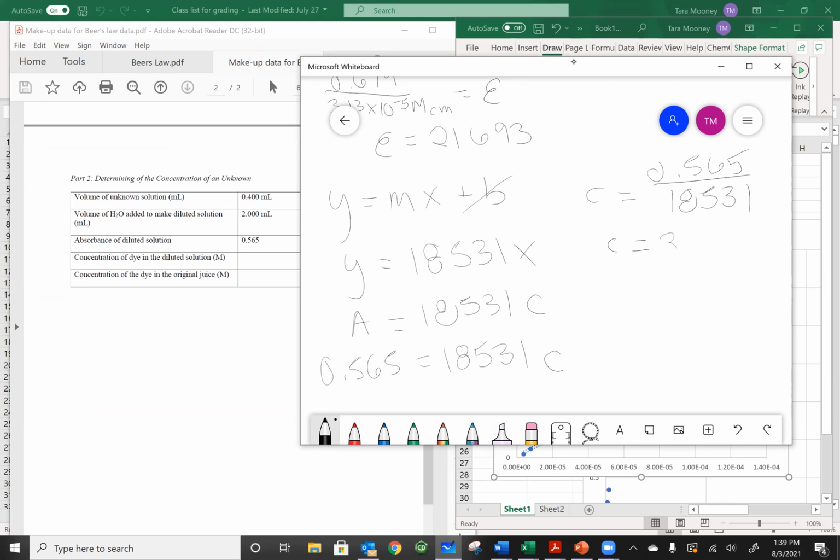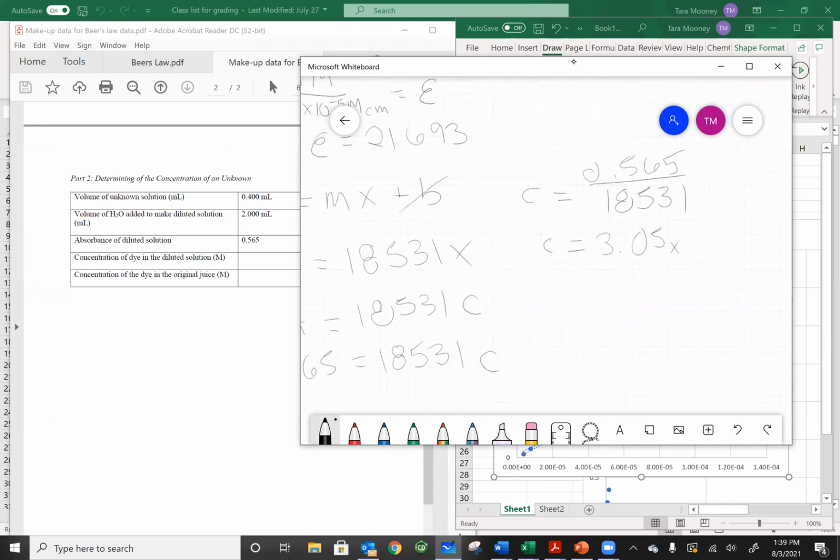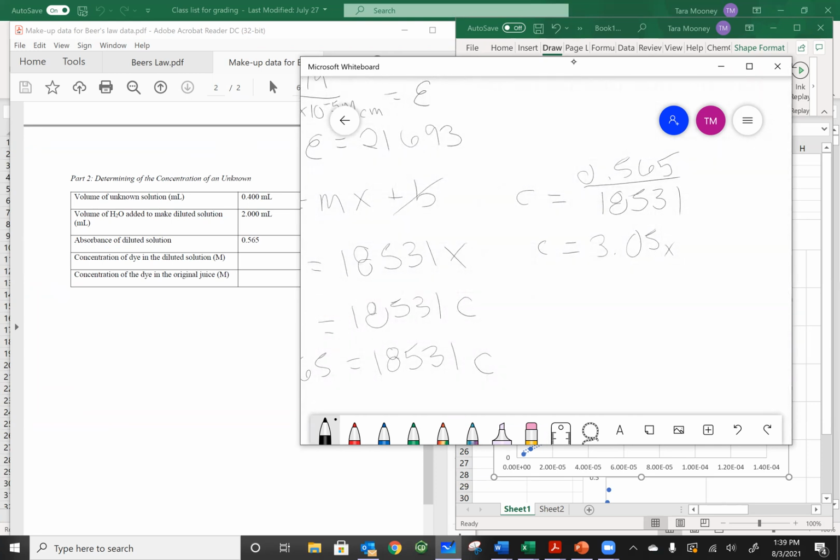So this is equal to 3.054 times 10 to the minus 5 molar. Is everybody with me so far? So this is the concentration of the dye in the diluted solution.